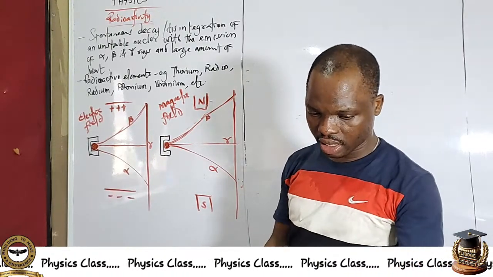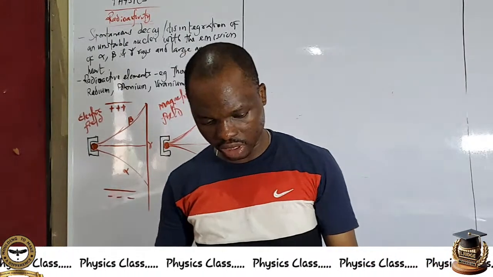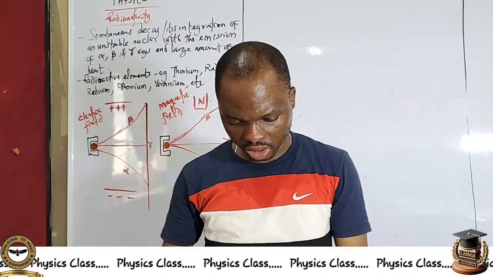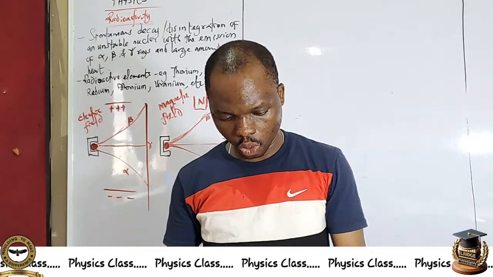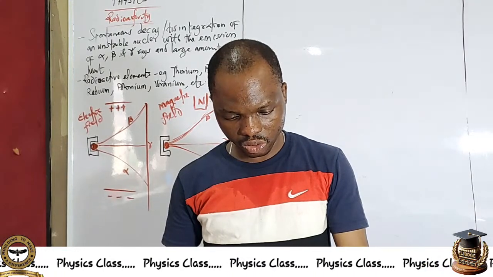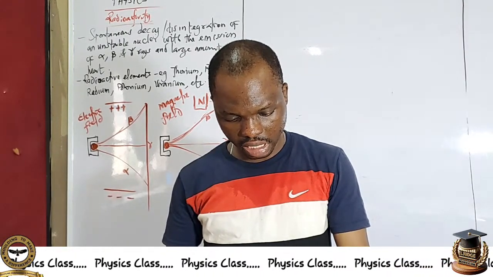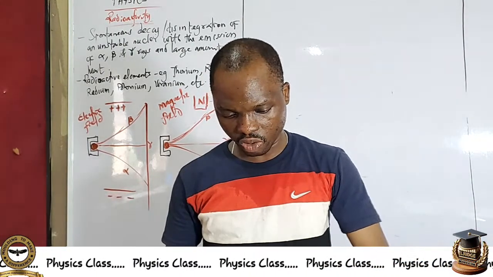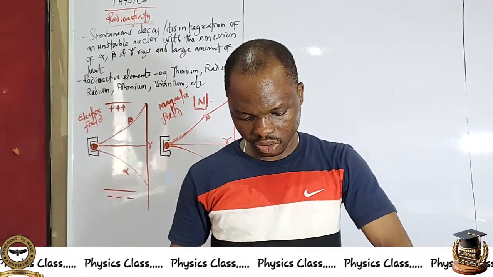You will see that there is a very strong deflection towards the north pole from the beta particle, then a slight deflection towards the south pole from the alpha particle.